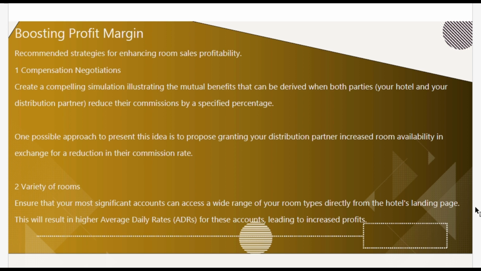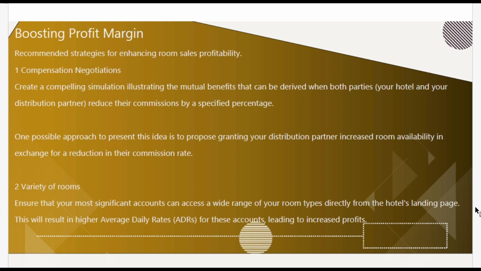Now, compensation negotiation, as I was mentioning: you can try to negotiate with the partners you are currently in contract with by explaining, for example, the different reasons and saying that it has an impact on your revenue and that you would like to reduce the commission percentage.